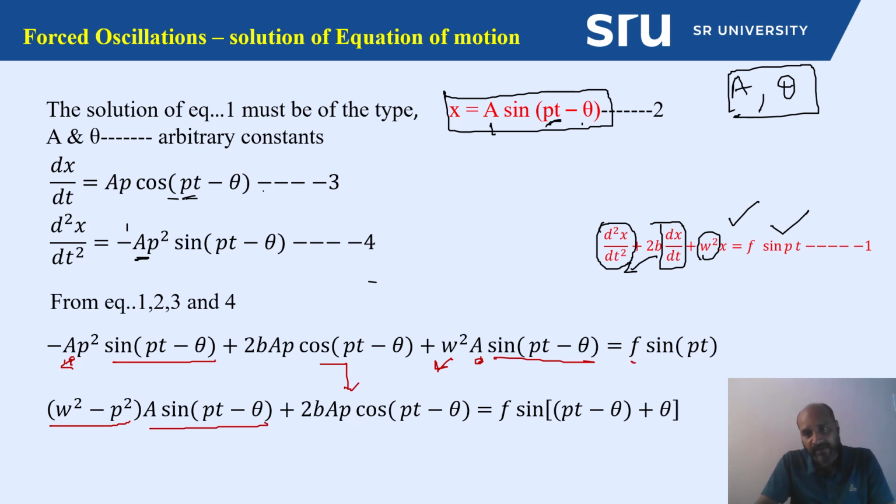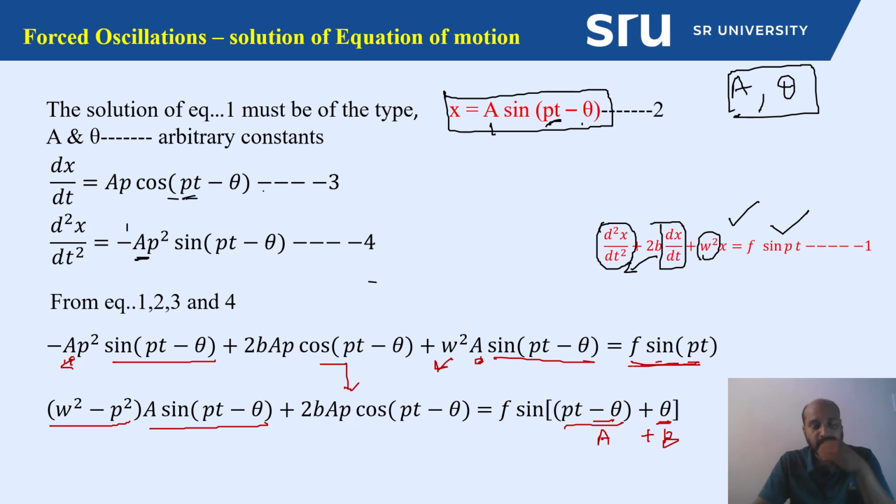But at the right side, as I told, for the sake of convenience, what we are doing is, small f sine pt, we are subtracting and adding theta. I mean, f sine of pt minus theta plus theta. So if you do that, this is like sine of a plus b, so instead of a, it is pt minus theta.